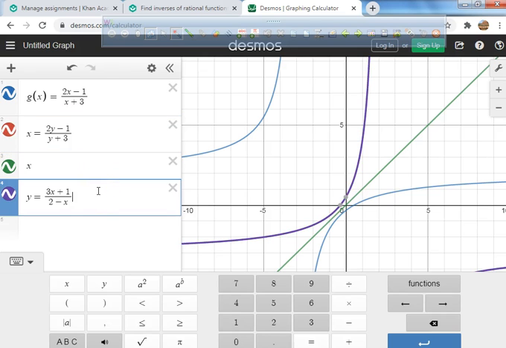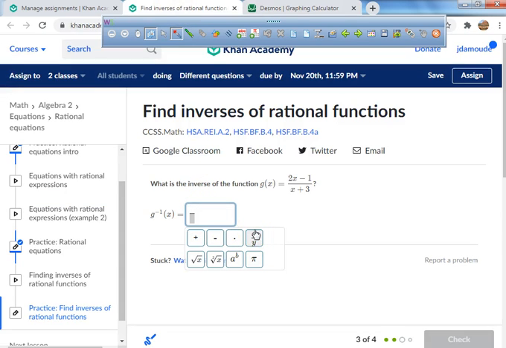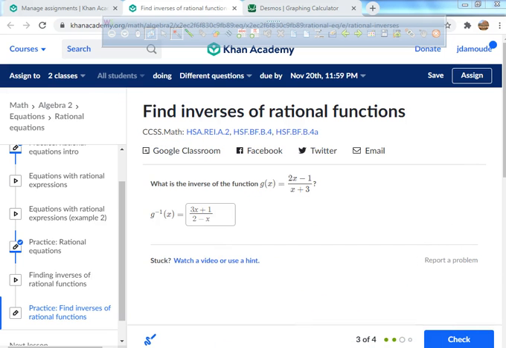And this is the answer that I'm going to type into the Khan Academy. All right? 3x plus 1 over 2 minus x. So you got to make a little fraction. You got to type in the 3x plus 1 over 2 minus x. And if you do all the work, you might as well take the time and energy to make sure you type it in correctly. All right?